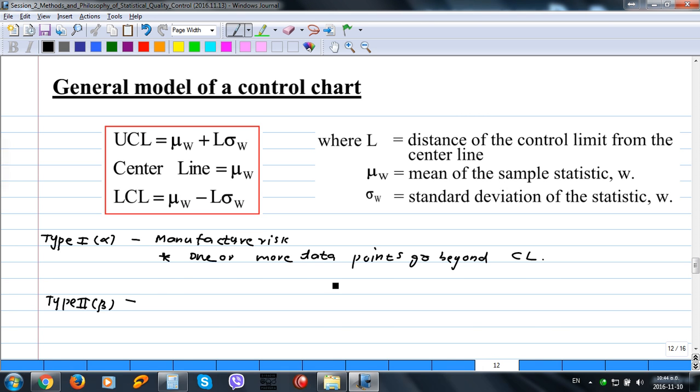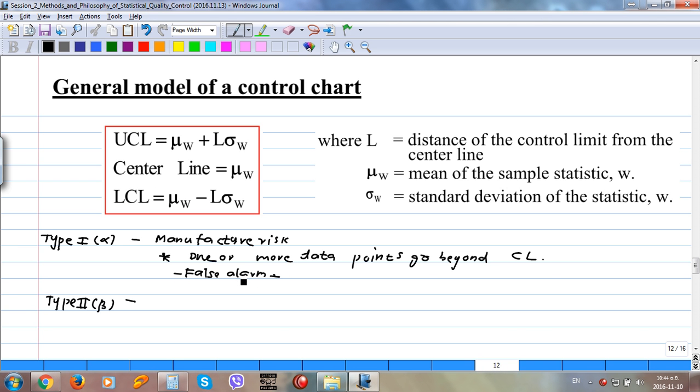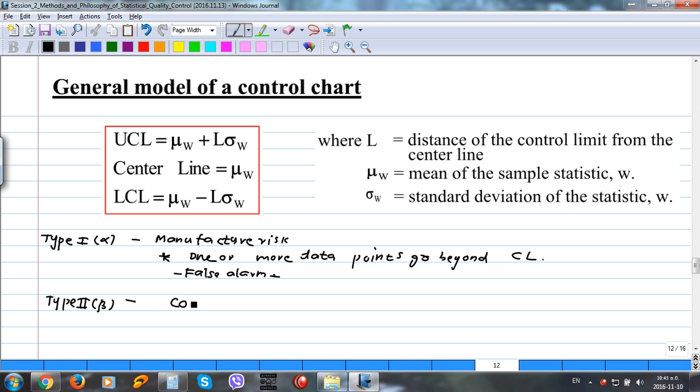If the manufacturer can identify this error, there is a false alarm. If that false alarm can be found, then they can correct this error, right? That's why I call it the manufacturer's risk. Type 2 error, the beta error, is the consumer's risk.